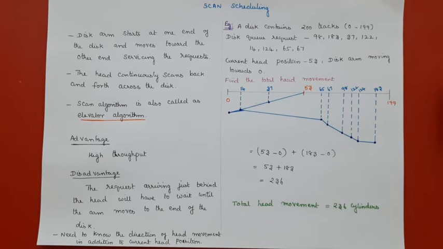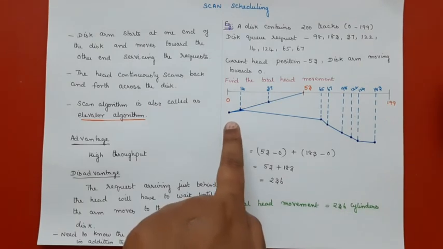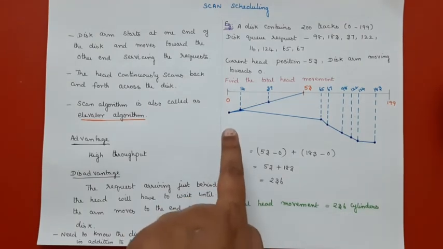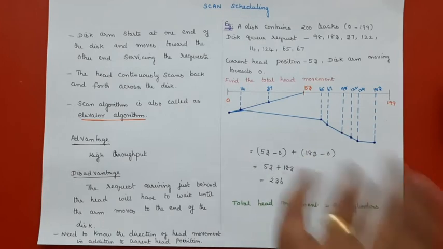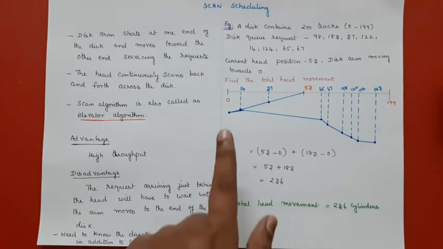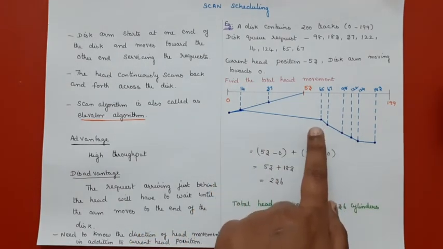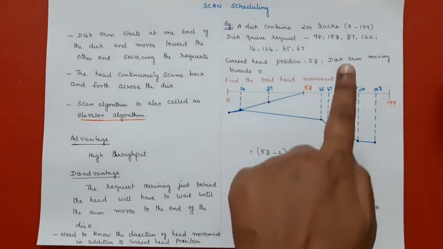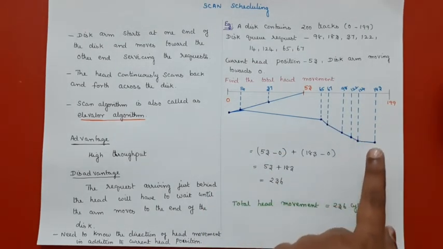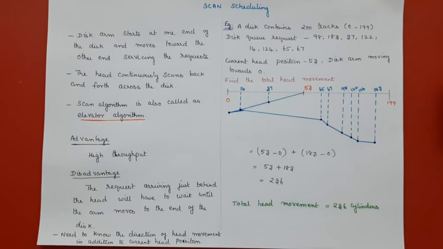No more requests are there, and it has reached 0. What is my next request? My next request is 65. So now 65 will be serviced, and then 67, 98, 122, 124 and 183. That is how it will be done.